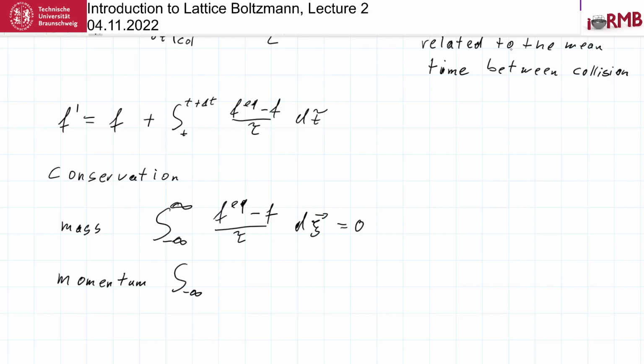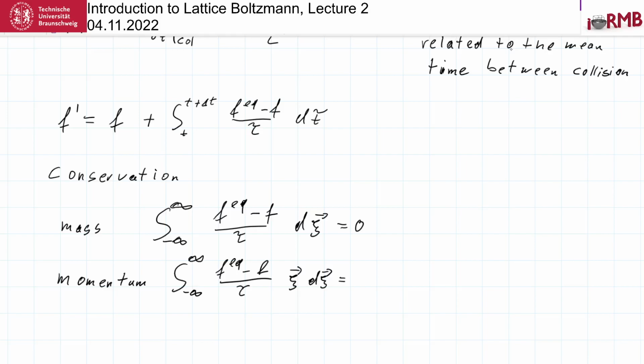So we get the change of momentum due to this operator by multiplying the operator by xi and integrating over xi. Maybe I should say this is not a scalar product, which is why I don't write the dot.